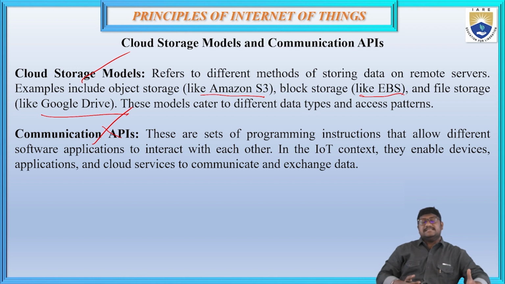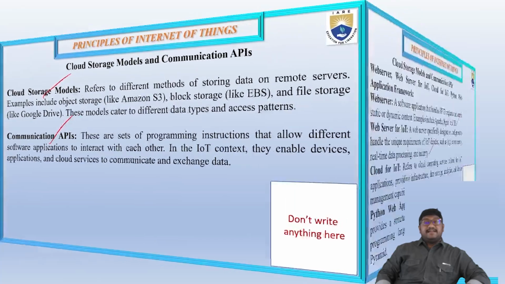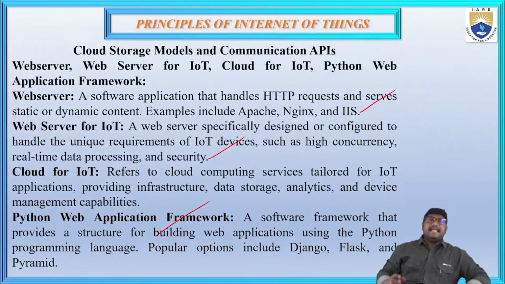In the IoT context, they enable the devices, the applications, and cloud services to communicate for exchanging information. That is what a communication API, application programmable interface, was, which allows us to transfer the information between a device and other devices for transferring the data.